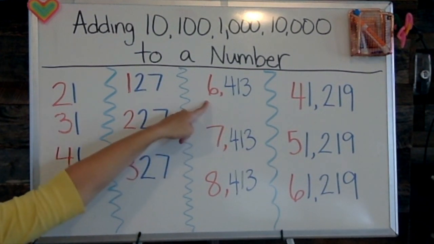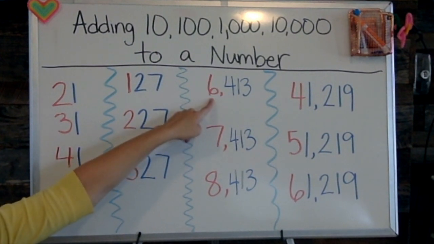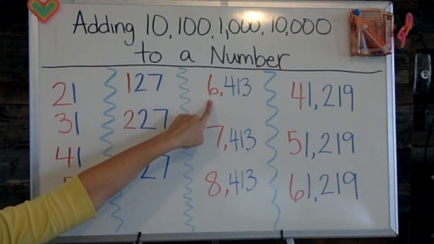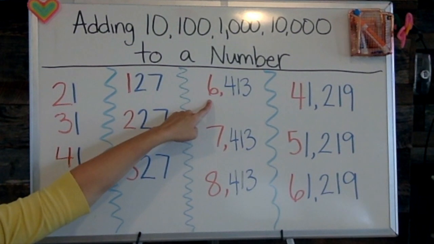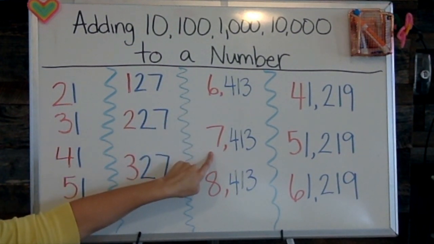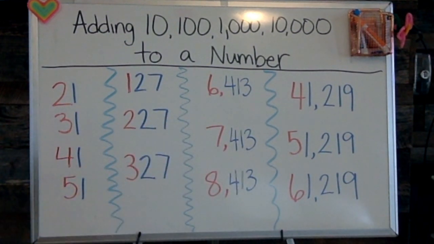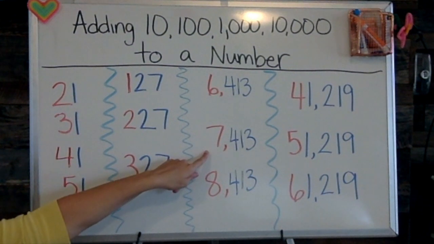So we've got the number 6,413. If I said add 1,000 to this number, then you're going to go to the thousands place, which is our 6. He's in the thousands place. And you're going to count up 1 and write that down, 7, and then everything stays the same. Okay, so we've got 7,413. Now, if I said add 1,000 to this number, then you're going to do the same thing.